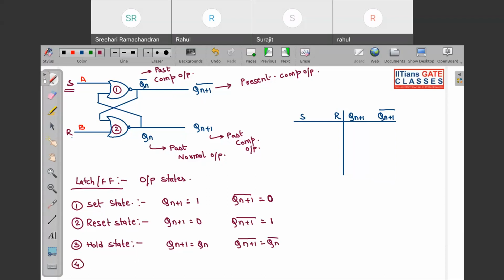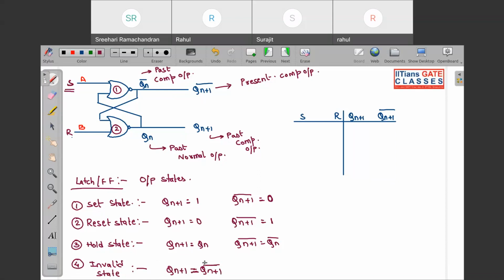And the last state we have is the invalid state. In invalid state, Qn plus 1 is equal to Qn complement, or you can even say it is equal to Qn plus 1 complement. But we know such a case cannot happen, as they are complemented states of one another. So this state is known as the invalid state.